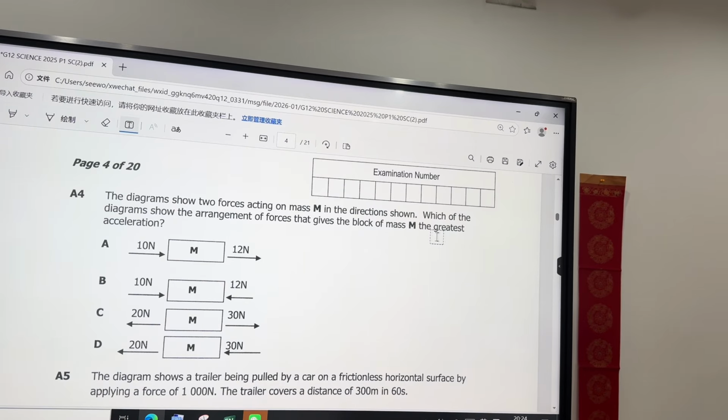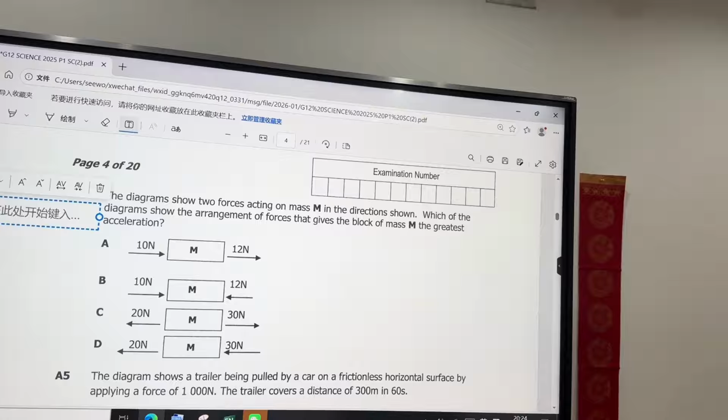Because they are mentioning acceleration and force, this is testing us on something called Newton's second law of motion. Newton's second law of motion, that is what it is testing us. Now, what does this law state?